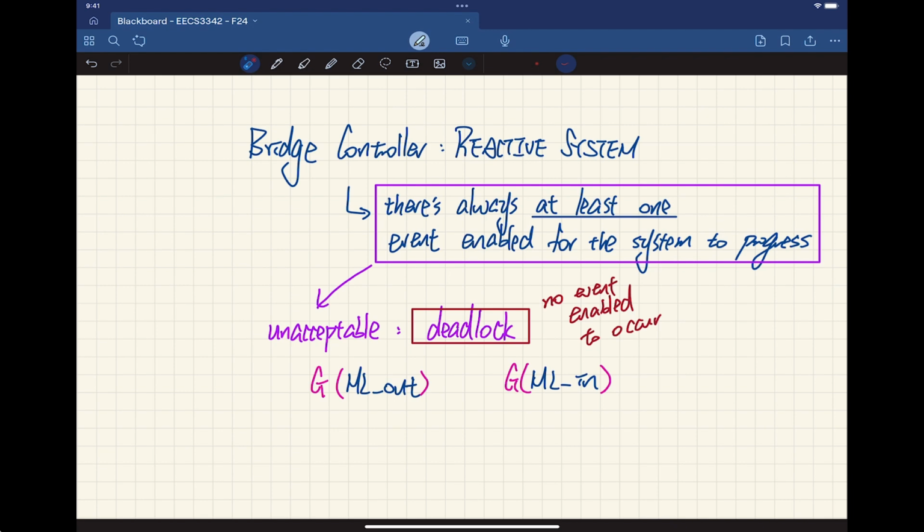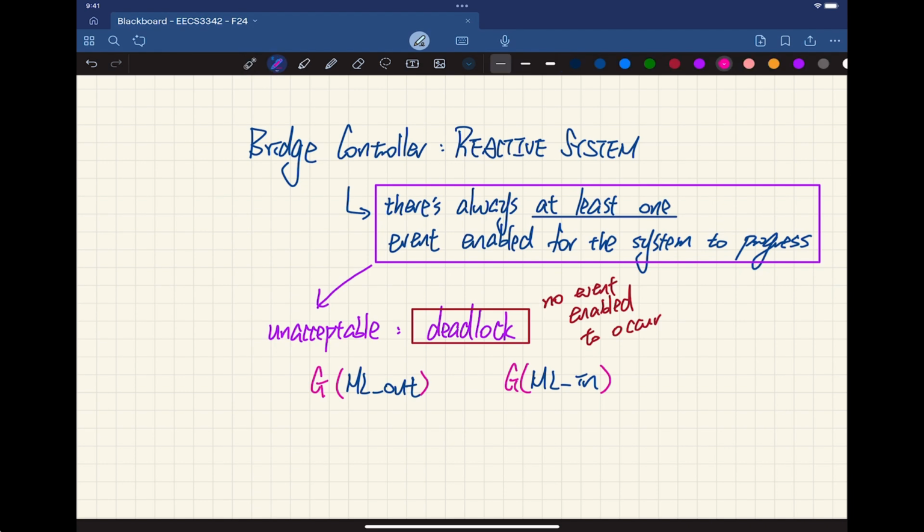Anyone? How do I express the deadlock condition? Under what circumstances, in terms of the guards for ML out and ML in, are we going to get into a deadlock situation where no event is enabled? The guard is always false. The guard is always false? You mean for both of them? I agree, informally, but how do I express that logically? This is a Boolean condition, and this is also a Boolean condition. How do you combine them into a single Boolean condition that represents the deadlock situation?